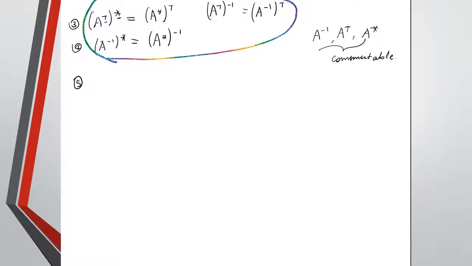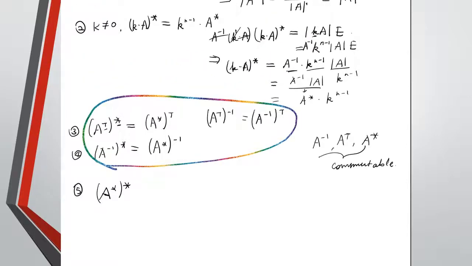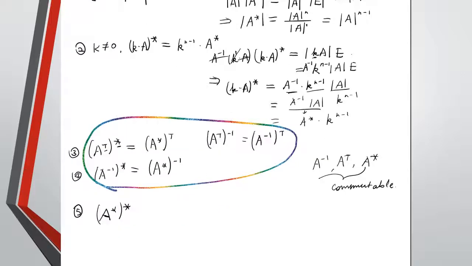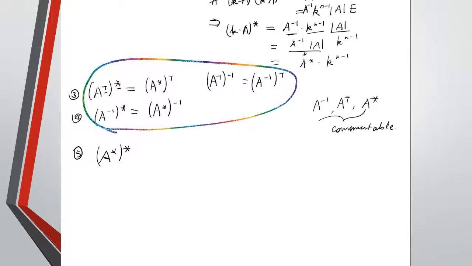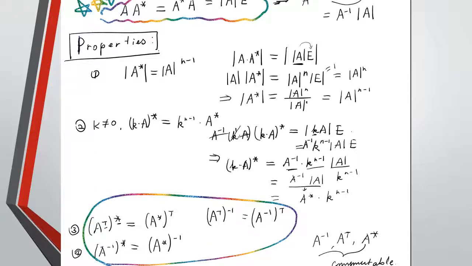Okay, so let's look at property number 5. So this one is actually the interesting one. So we have a star and then another star. So for property 1, we talked about the star, the adjoint determinant. But what about this? Okay, so it seems like we have to refer to our definition again.